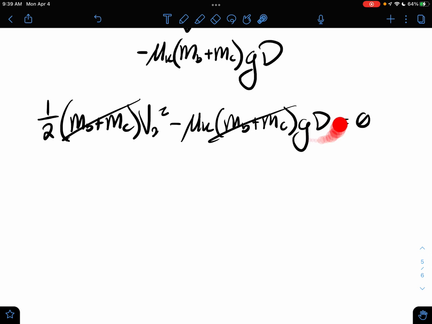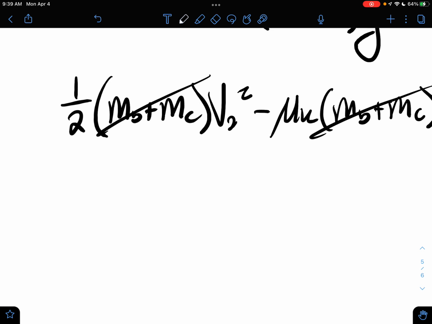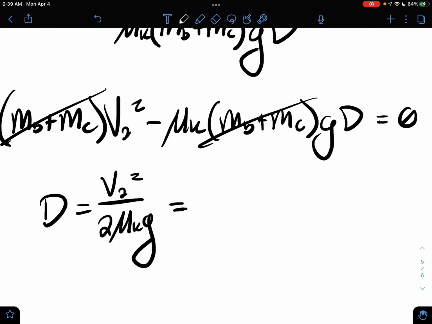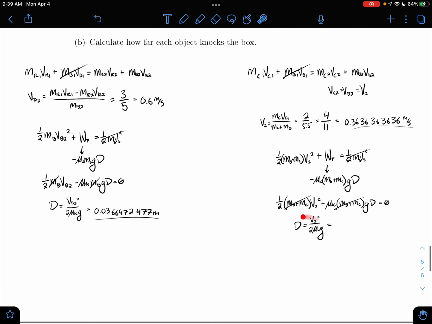Solving for d, we get this exact same expression as before: d equals v_2 squared over 2 mu_k g. The magic part is that it's the same expression, but it depends on this second velocity.